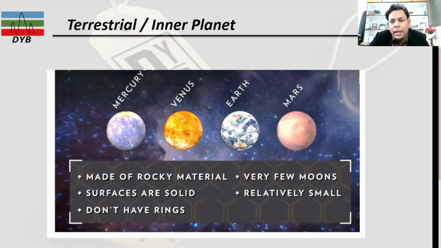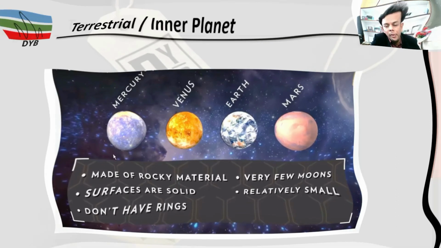There are very few moons. Earth has one, Mars has two moons. Venus and Mercury don't have any moon. They are relatively smaller than the outer planets, and they do not have any rings like Saturn has. That does not happen in these types of planets.